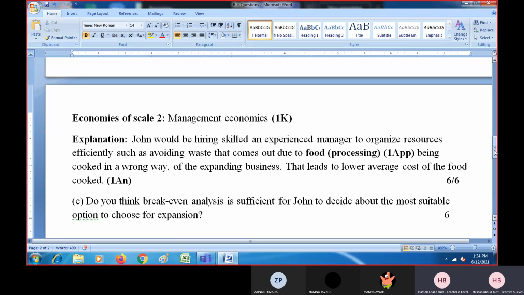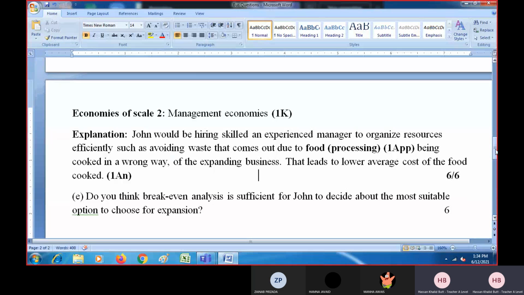Okay, now remember, right now you are just learning this art of answering questions. The way I'm telling you, these are the perfect answers, and you can get full marks. So remember, if you keep on answering the question this way, and you get all your questions right, you will not be getting A star actually. You will be getting more than that. But right now you are in the learning phase.